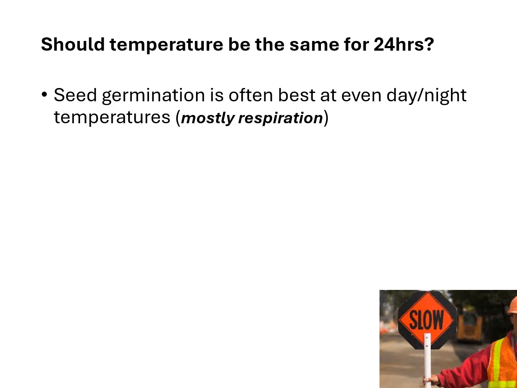Well, some things like seeds and germinating are fine with that. But if you think about it, there's a fundamental difference between a seed germinating and a plant growing. A plant growing is relying on photosynthesis to make all the energy to drive growth, whereas with a seed, all the energy has been pre-made in the cotyledon. So the seedling is independent of photosynthesis, respiration, temperature differentials.